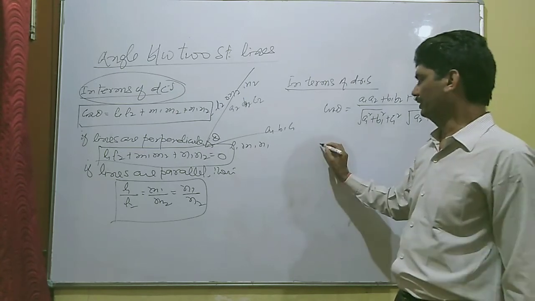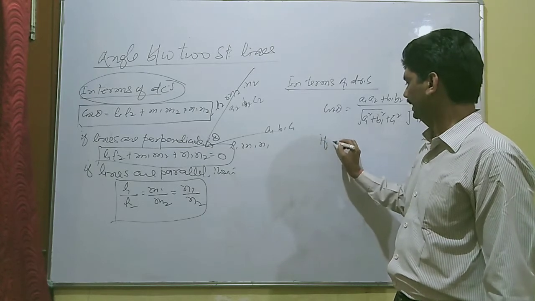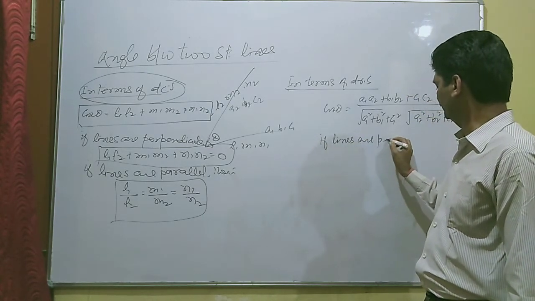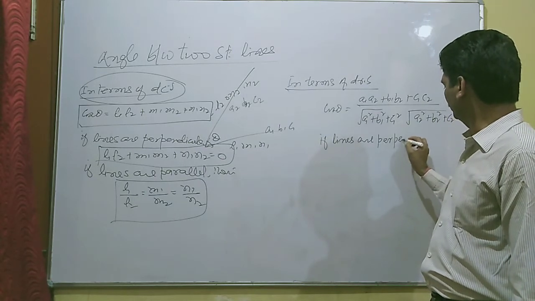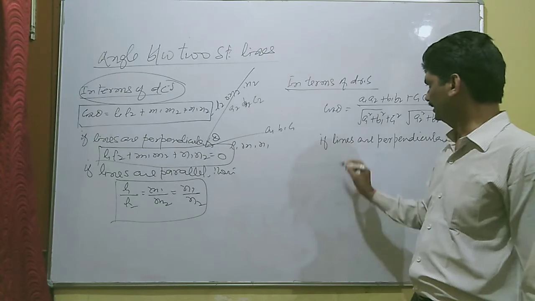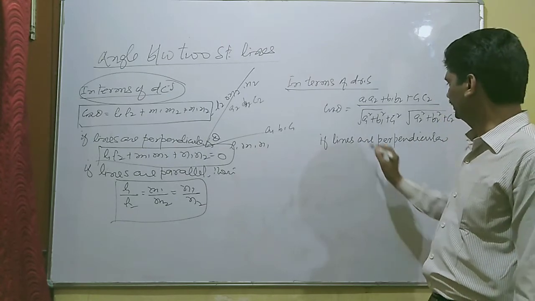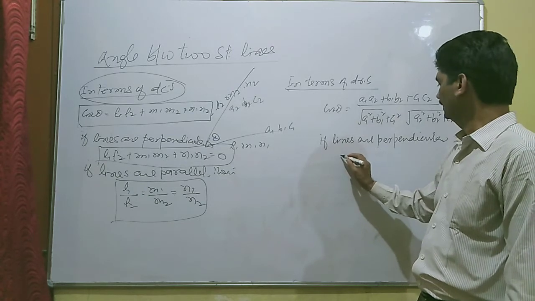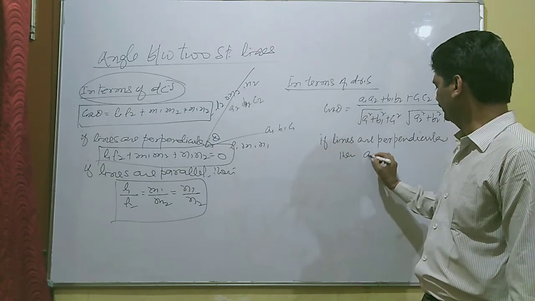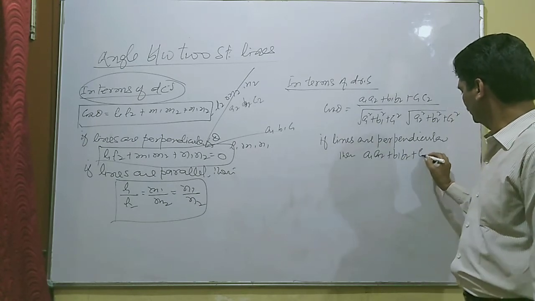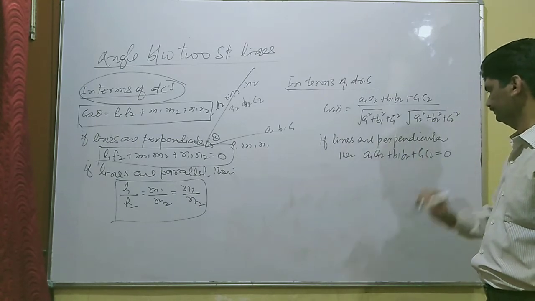And in particular, if the lines are perpendicular, the condition is the same as in the case of DCs, that is a1 a2 plus b1 b2 plus c1 c2 equal to 0.